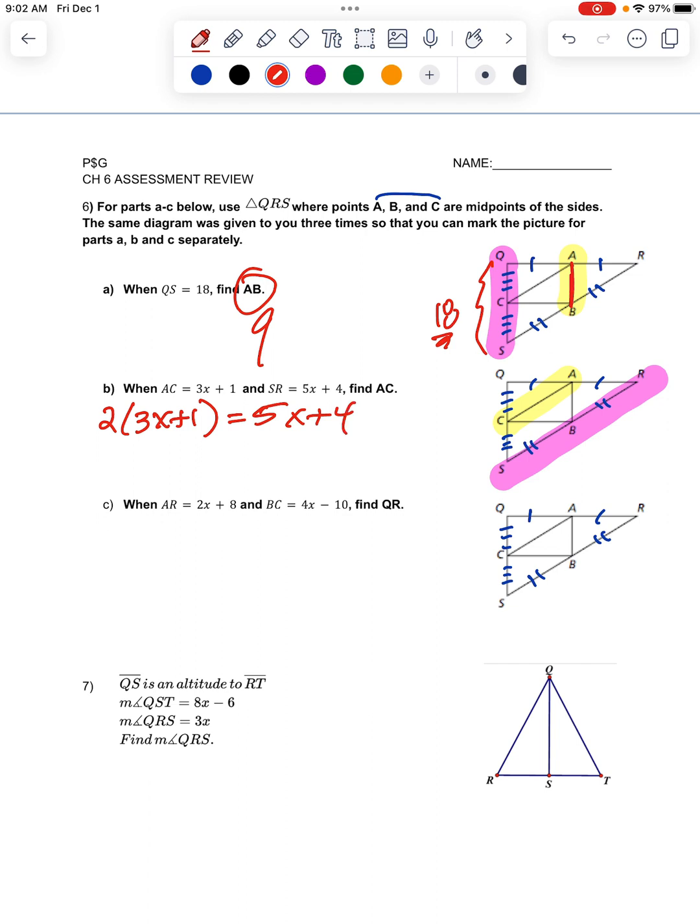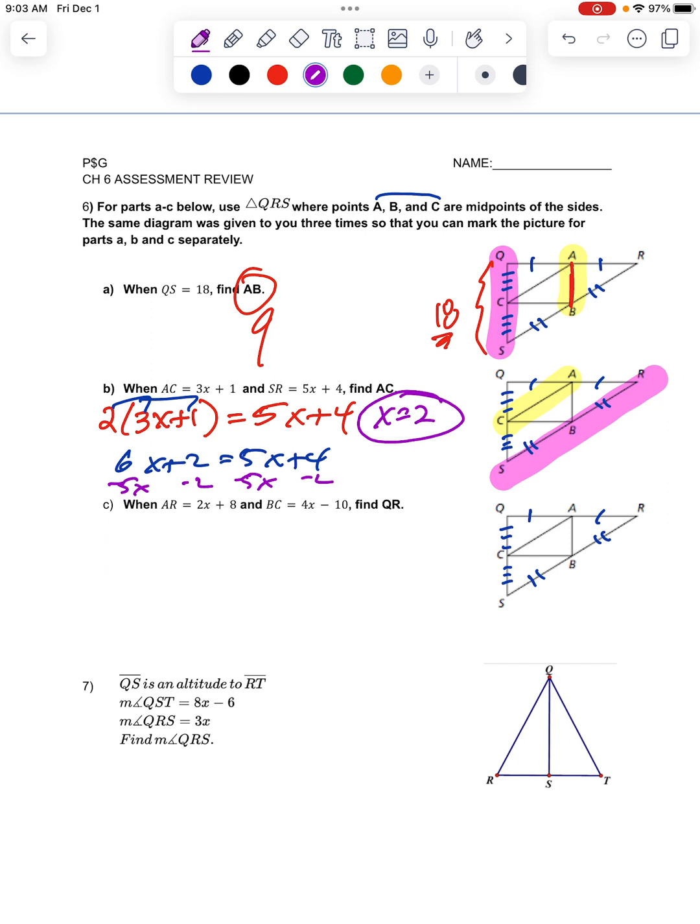I could have done 5x plus 4 all over 2, but I would rather multiply my smaller one by 2. Then I can just distribute it and get 6x plus 2 equals 5x plus 4. Subtract the 5x, minus 2, I get x equals 2.